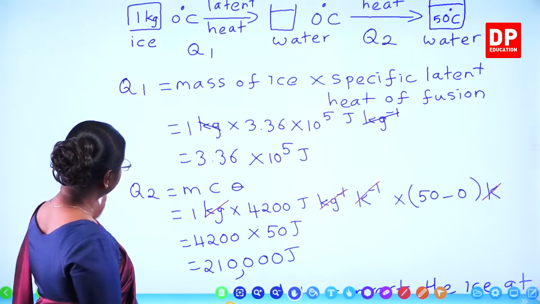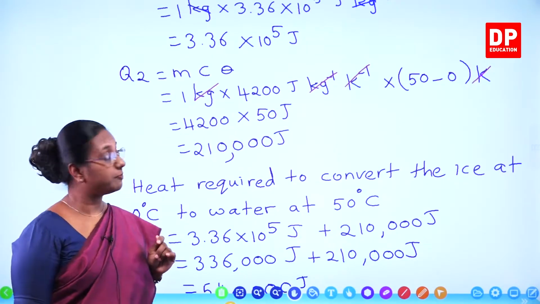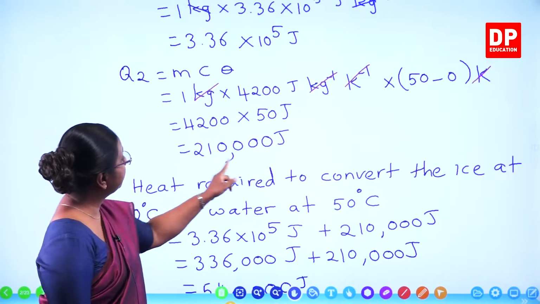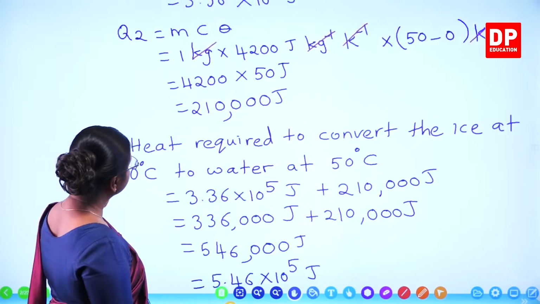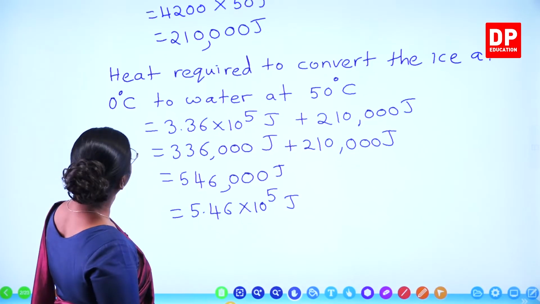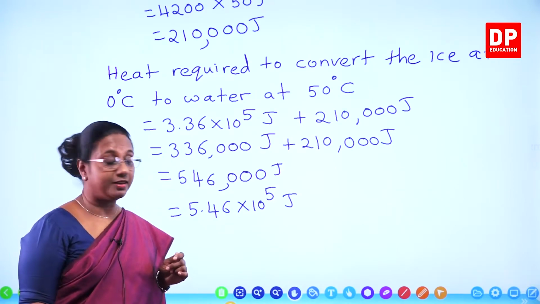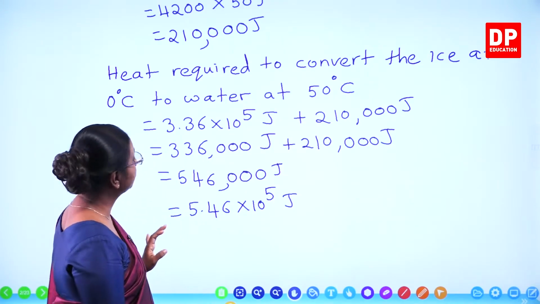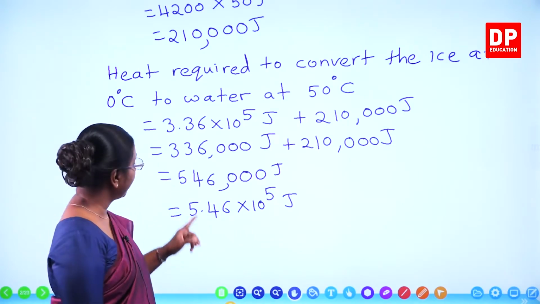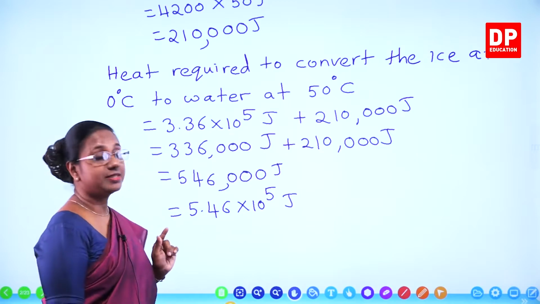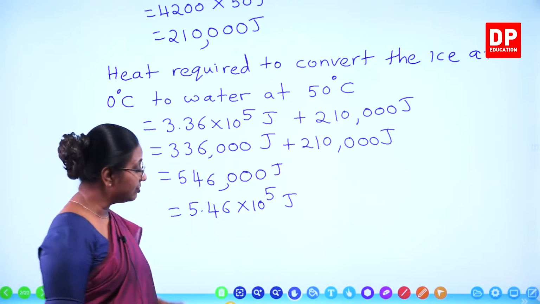Then we calculated the amount of heat needed to increase the temperature up to 50 degrees Celsius and we got the value as 210,000 joules. So finally, to find the heat required to convert ice at 0 degrees Celsius to water at 50 degrees Celsius, we added up the two values and we found the total amount of heat required as 546,000 joules or 5.46 into 10 to the power of 5 joules.